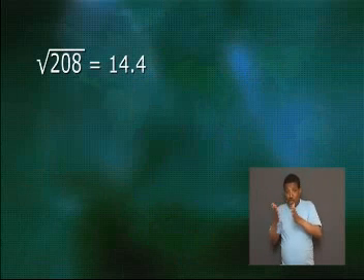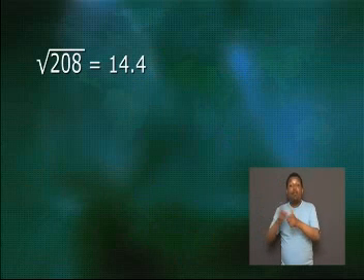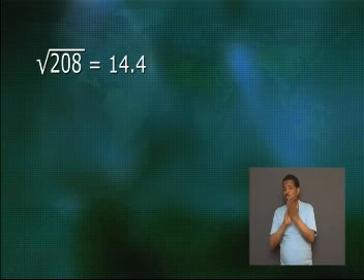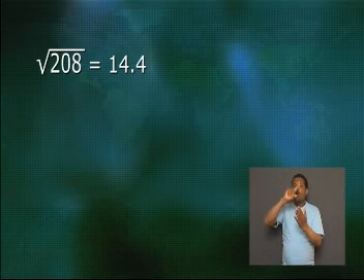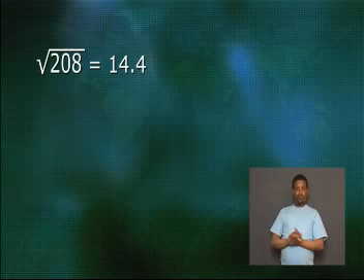Welcome back, everyone. The proportional square for the value given of disabled primary students in Addis Ababa is computed by finding the square root of 208. The square root is 14.4.